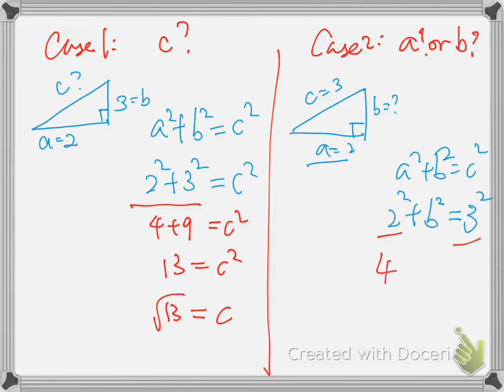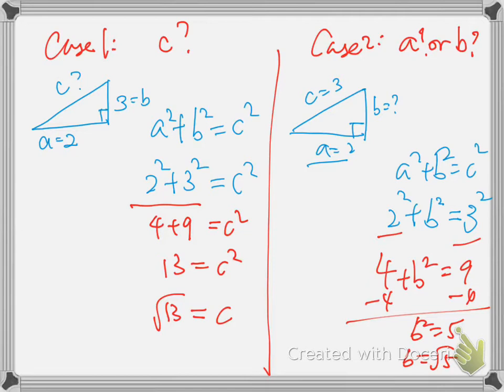So we got 4 plus B squared is 9, minus 4, B squared is 5. Take the square root, B is radical 5. So the calculation is completely different. In case 1 we have addition, and in case 2 we have subtraction.